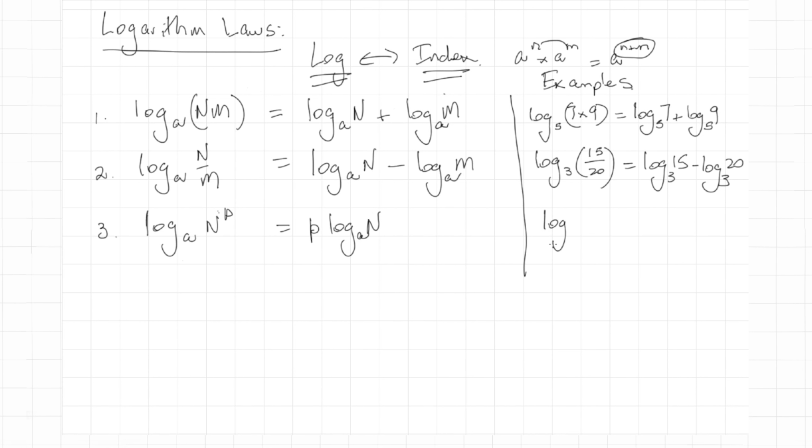So for instance, the log to base 7 of 15 to the power of 3 is equal to 3 comes out the front, 3 times the log of 15 to base 7.